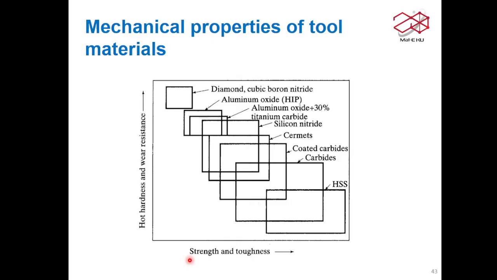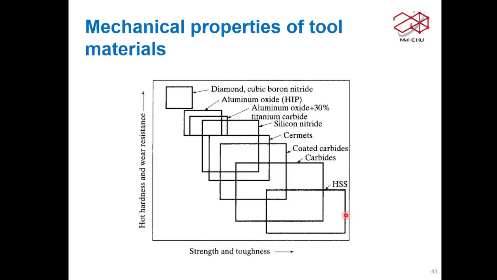And you need high toughness so that it doesn't break easily. And also you need hardness and wear resistance because you want to use your cutting tool for a long time. You can see that high-speed steel, HSS, has really good strength and really good toughness, but it doesn't have hardness or wear resistance. So high-speed steel can be worn down quite easily when used with harder material.